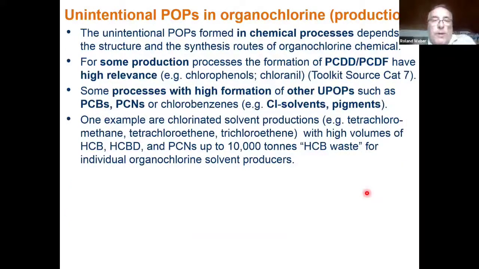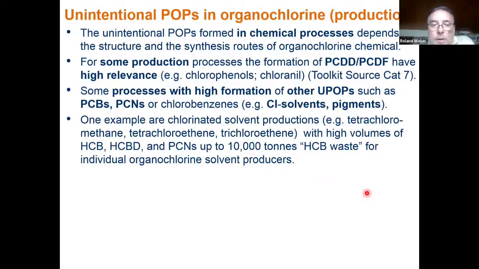Only for one source, other unintentional POPs have specific relevance, and this is the organochlorine production, which probably you do not have in Oman. Unintentional POPs are formed in chemical processes, depending on the structure and the synthesis routes of the organochlorine chemical. So for some production processes, the formation of dioxins and furans has high relevance. I just showed you in one of the early slides the chlorophenols, which are direct precursors of dioxins.